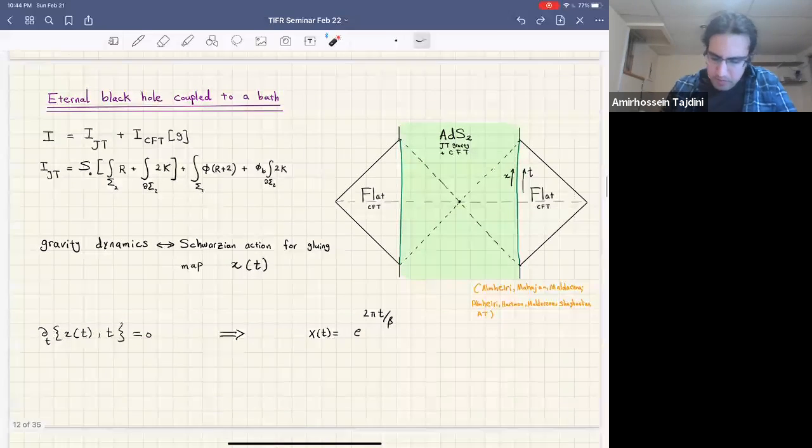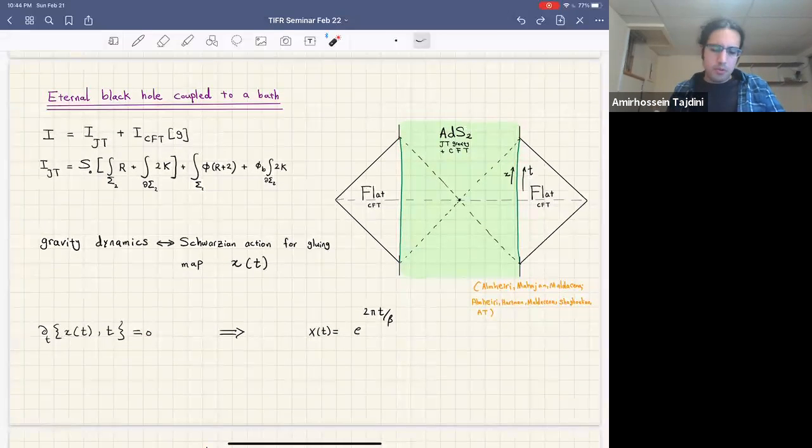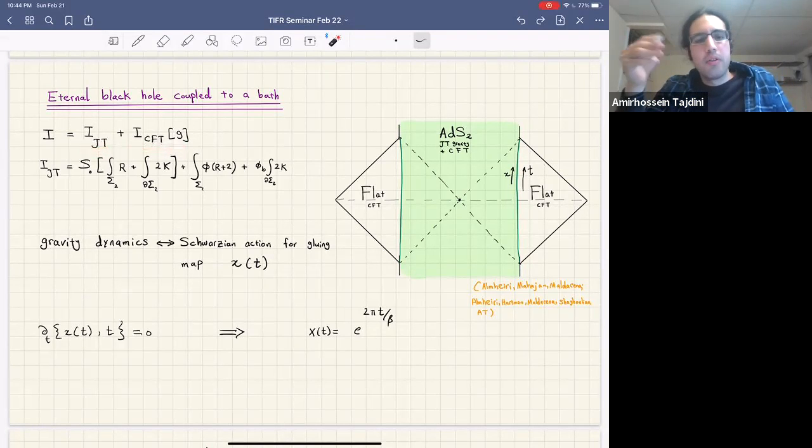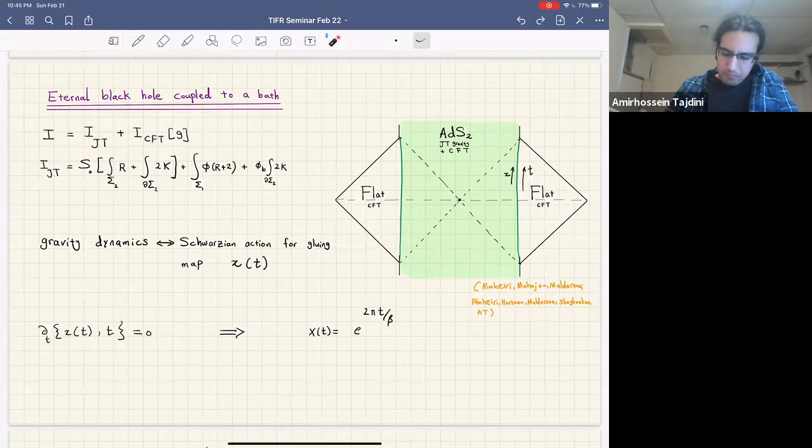So let's start with the eternal black hole, because it's simpler. Our theory is always JT gravity coupled to some large N CFT. When we talk about the gravity dynamics in JT with the topology of a disk, all we mean is to find x of t, which is the boundary curve motion as a function of flat space-time.